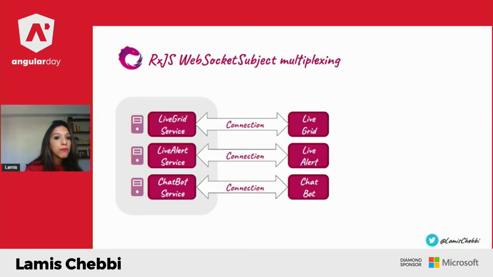So it may make sense to create many instances of the RxJS WebSocket subject pointing to different URLs. And this will create for you every time, as I explained earlier, a different socket connection.